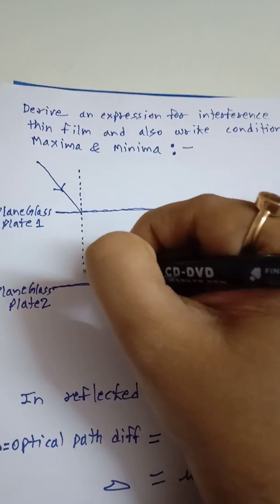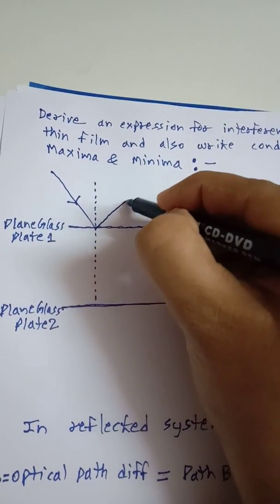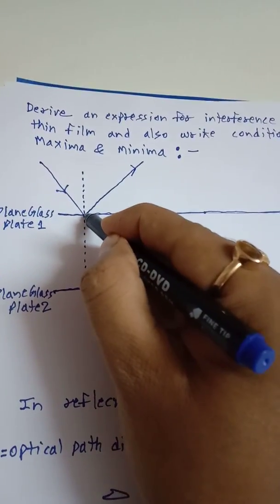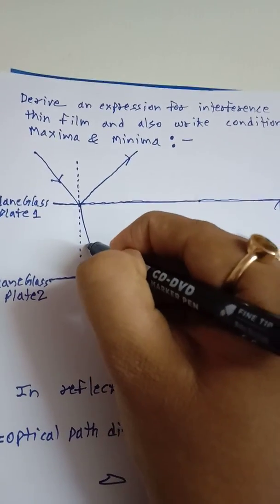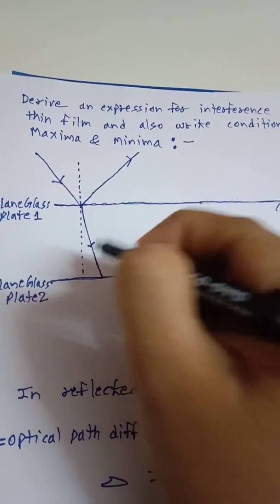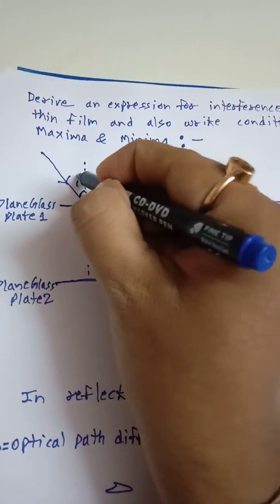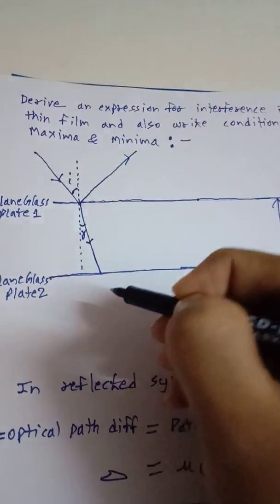These are the normals. There will be partial reflection of rays and there is a refraction of rays. Okay, it gets refracted. So this will be the incident angle I and this will be the refracted angle R.